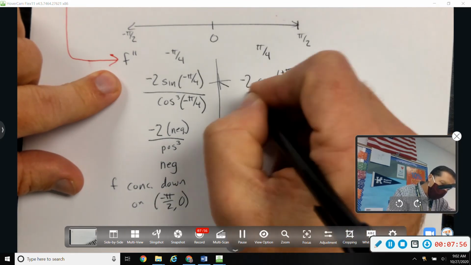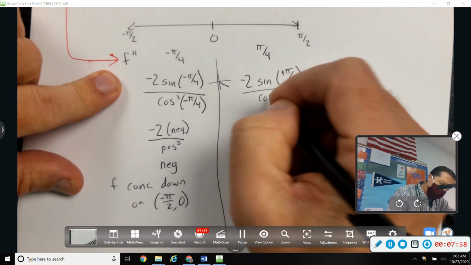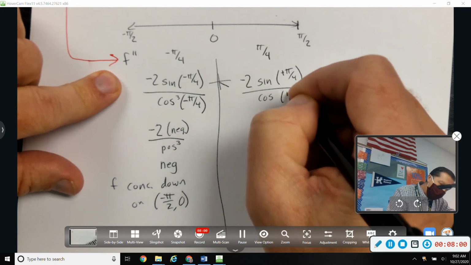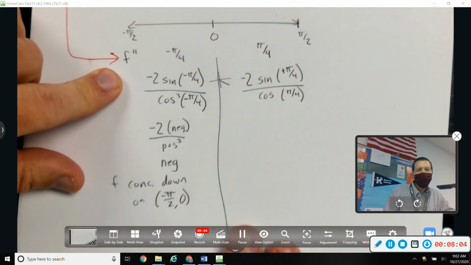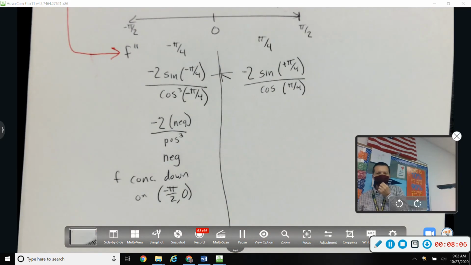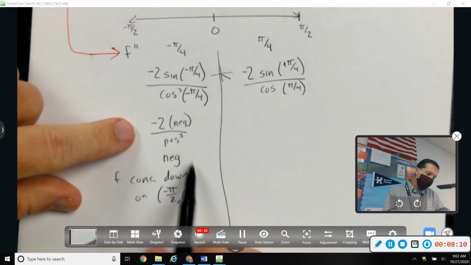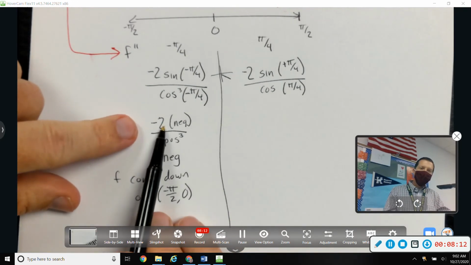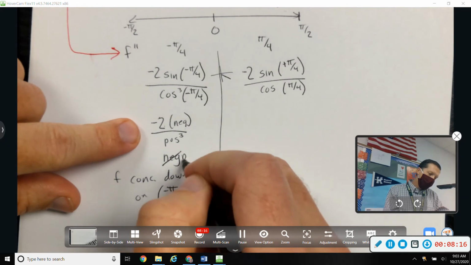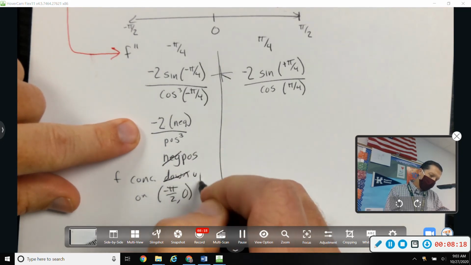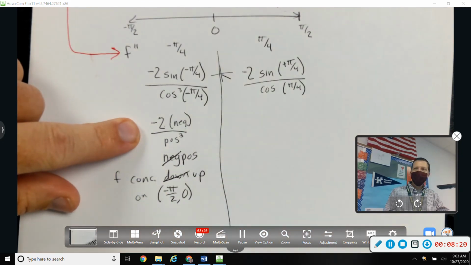Whoops, positive pi over 4. Cosine pi over 4. Wait a minute, I made a mistake. You guys are not on your game today. I'm not either, but I'm going to blame you. Over here, I've got negative 2 times a negative number. That should be positive, which makes this concave up.